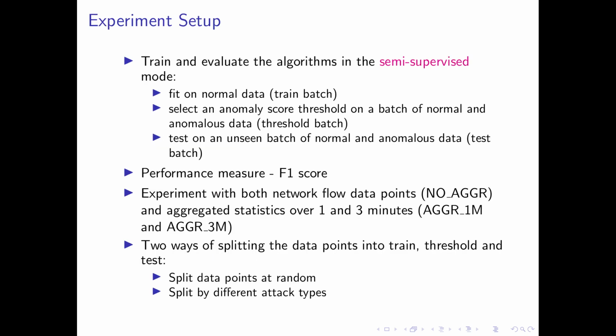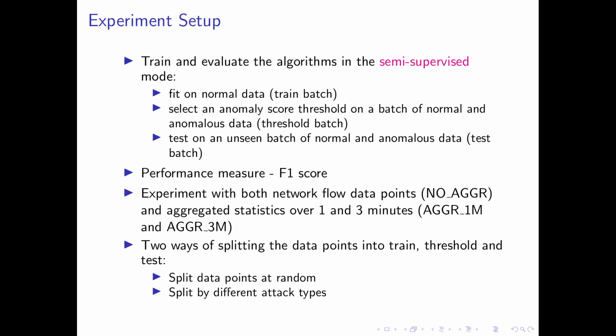Okay, so let's move on to our experiment setup. We choose to train and evaluate the models in the semi-supervised mode, and concretely this means that in our train batch we have only normal data points, so no anomalies.